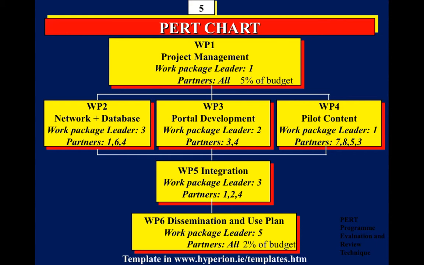Now, partner number 3 in this diagram is leading work package 2, and they're also leading work package 5, and they're involved in every other work package. Now, that says to me that partner number 3 is a beginner. They're leading 2 work packages and they're scattered all over the project, whereas partner number 5 is very clever. Partner number 5 is leading work package 6, and they're involved in a smaller role in 2 other work packages.